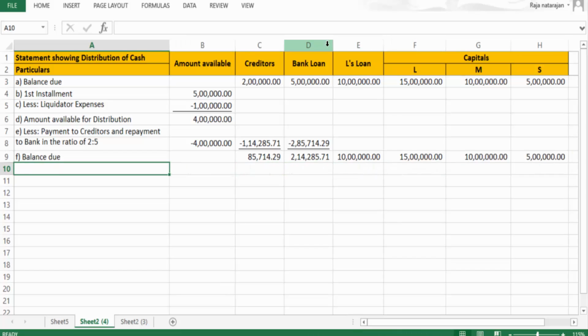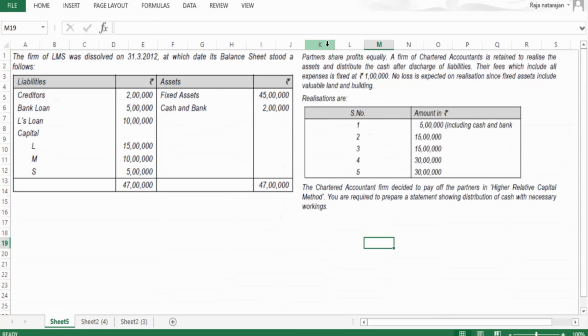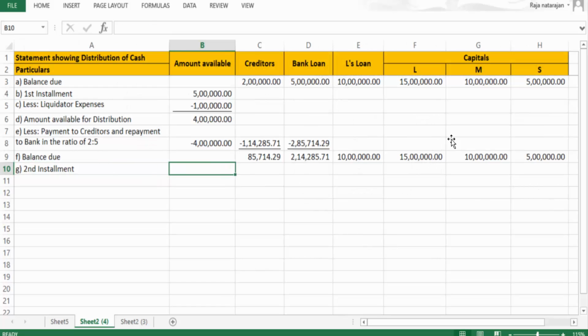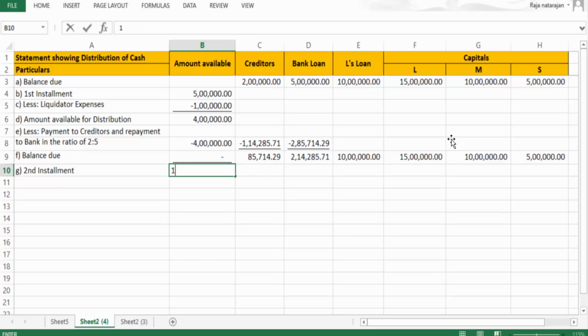Then comes the second installment, item G. What is the second installment? Let's check the amount. It is 15 lakhs, on the right hand side. Let's capture that here, and I'll put a line here, 15 lakhs. Now how are we going to use this 15 lakh? First let us settle these two outsiders.